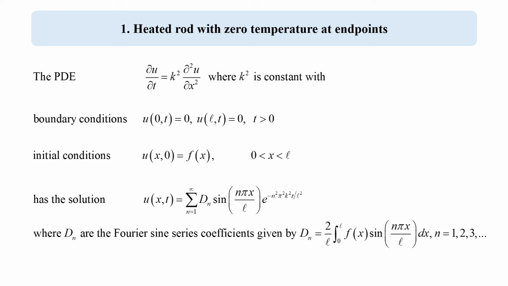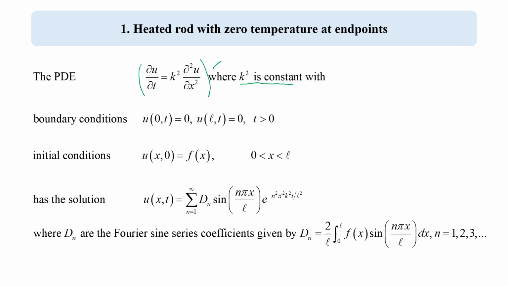With all the assumptions made, we can represent it as the PDE ∂u/∂t equals k squared ∂²u/∂x², where k squared is a constant, and the boundary conditions are u(0,t) equals 0 and u(L,t) equals 0. The initial condition is that when t equals 0, the temperature distribution equals a function of x, f(x).